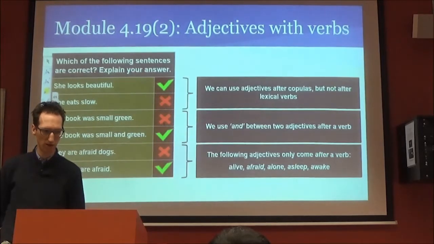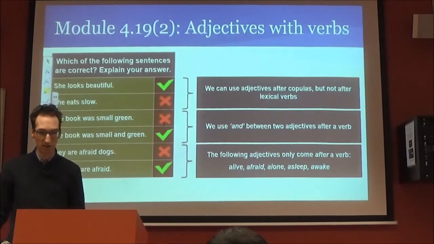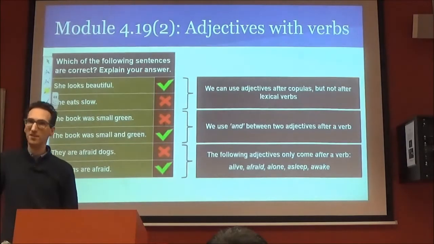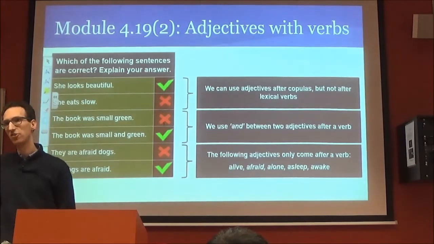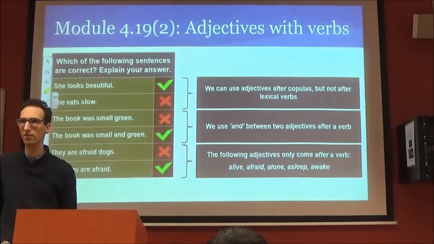The dogs are alive, are afraid, are alone, are asleep, are awake. So if you want to say "the wakkere honden", then you'd have to use a different adjective from awake. Then you'd have to say the waking dogs or something else.